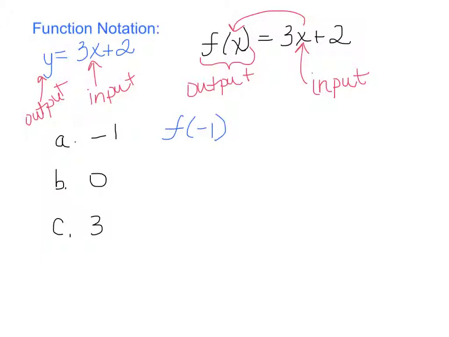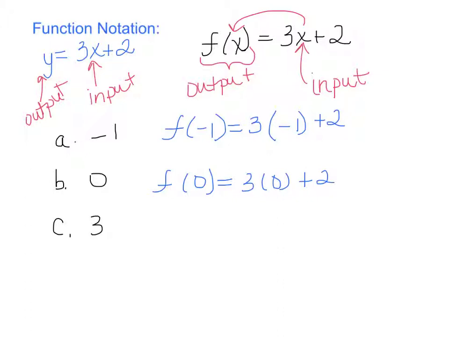Because it's saying -1 is your input. So in your equation, or your function, you're going to plug in -1 for x. And then part B, your input is 0. And for part C, your input is 3.